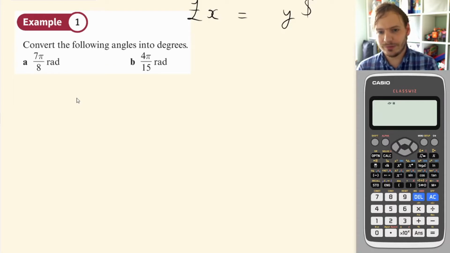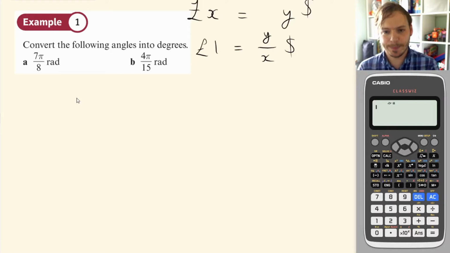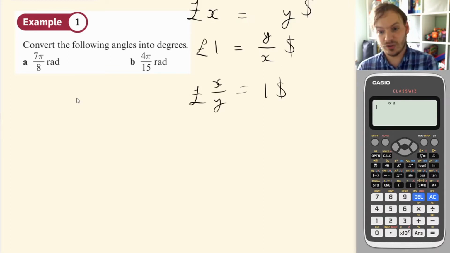So if X pounds is Y dollars, I can divide both sides by X and realise that £1 is equal to Y over X dollars. So if I want to convert any amount of pounds into dollars, I can just multiply by Y over X. And in exactly the same way, if I go the other way, $1 is equal to X divided by Y pounds, which means if I know the amount of dollars, I can just multiply by X over Y.